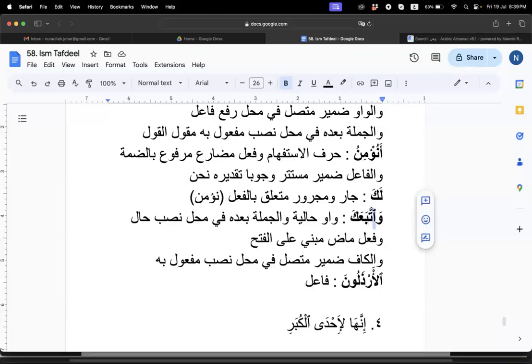Which family starts with hamzatul wasl in the madi? Family 6? No. I'm thinking it should have double ta, right? No, so you're thinking of a wrong family then. What families start with hamzatul wasl in the fi'il madi?